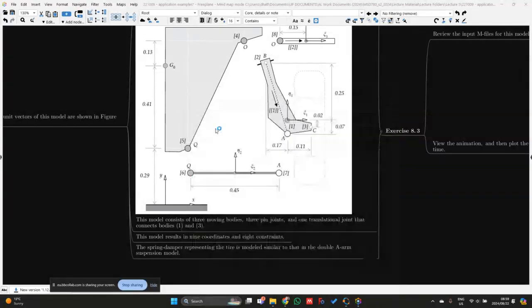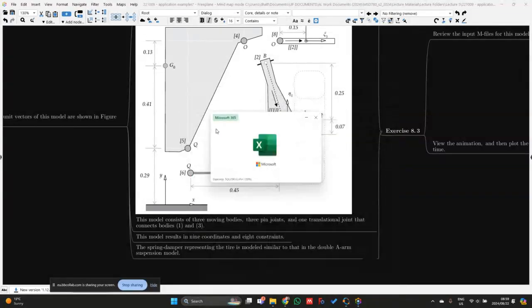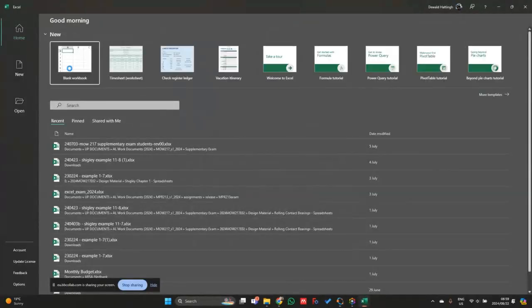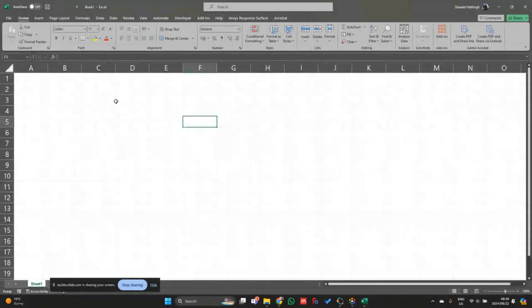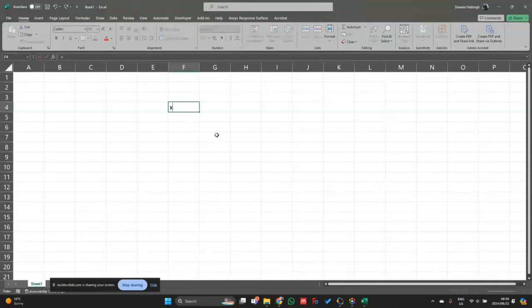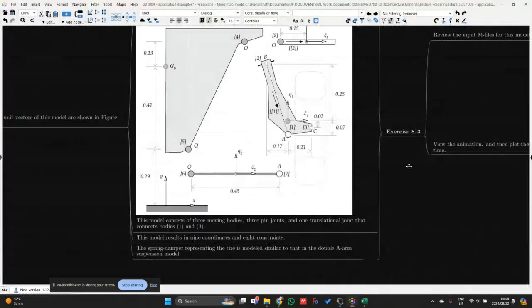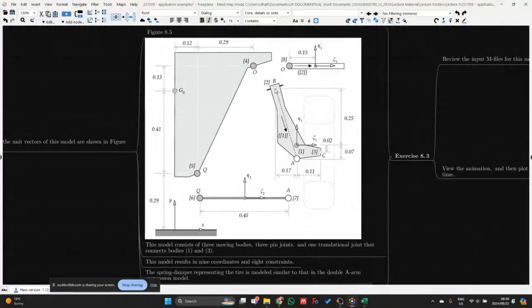Okay, so if I look at the X direction and the Y direction, then I can specify BA. If I look back at my drawing, I can see that from B to A, it's 0.17 meters in the X direction, and in the Y direction from B to A, it would be minus 0.25 meters.